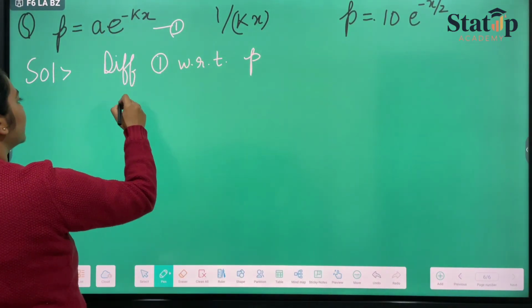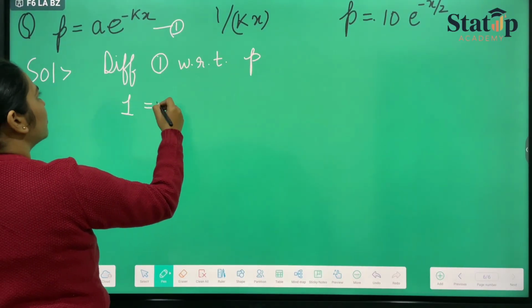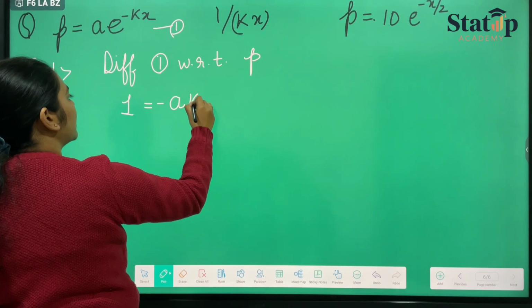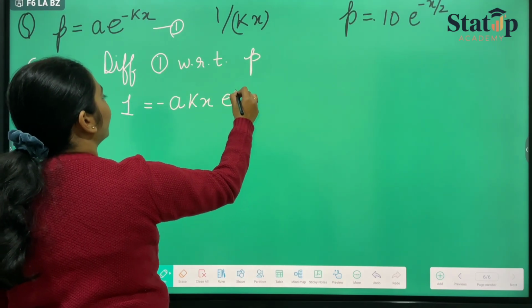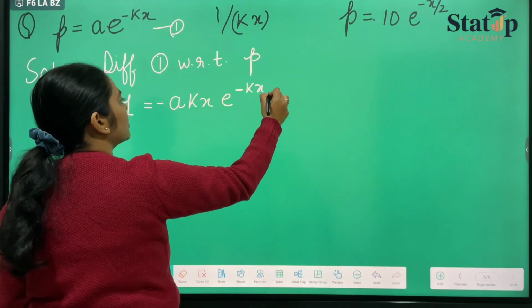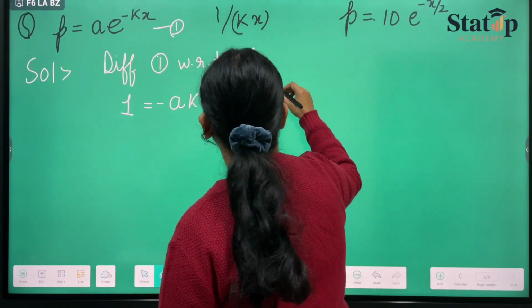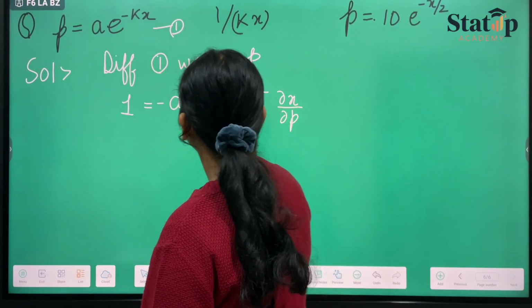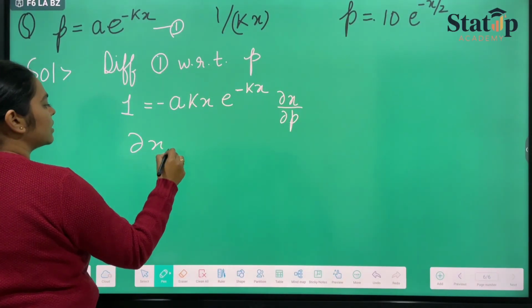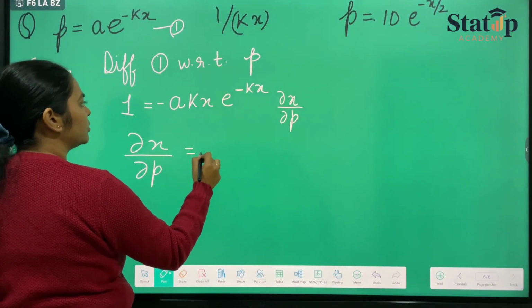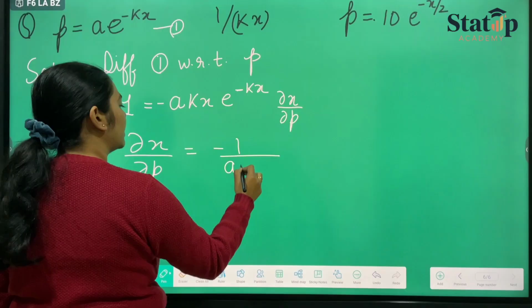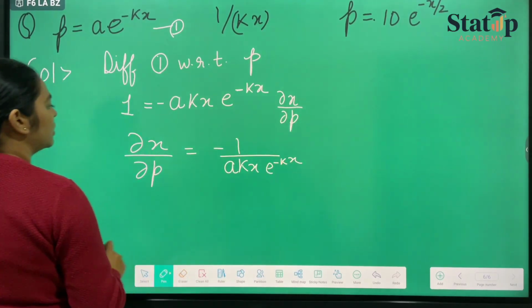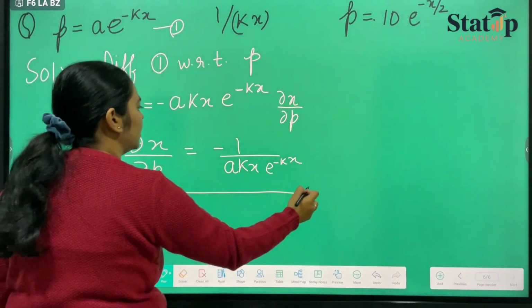If I differentiate this with respect to p, this will be 1 equals minus a k e raised to the power minus kx into delta x upon delta p. So we will get delta x upon delta p equals minus 1 upon a k e raised to the power minus kx. This is the equation that we got.